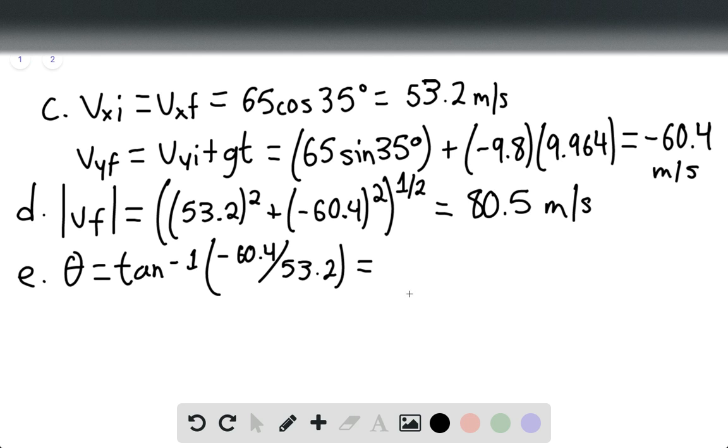And so our arctan of 60.4 divided by 53.2 is going to give us 48.6 degrees. Now we have an x component that is positive, a y component that is negative, which means that we are in the fourth quadrant. So it'll be 48.6 degrees below the positive x-axis. So fourth quadrant.